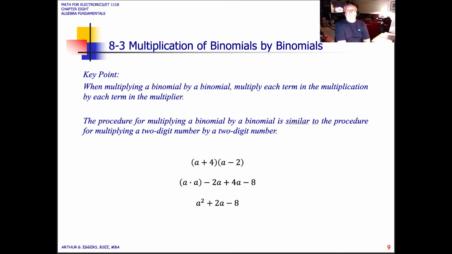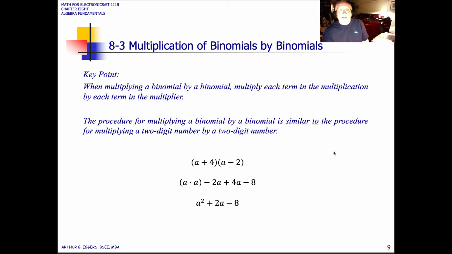In multiplying binomials by another binomial, we multiply each term in the multiplication by each term in the multiplier. The procedure is similar to the procedure for the multiplication of two-digit numbers by two-digit numbers.